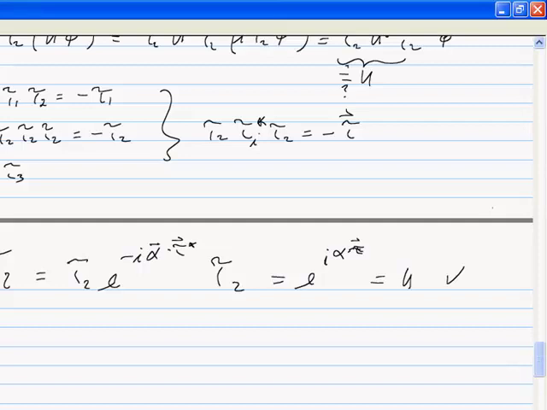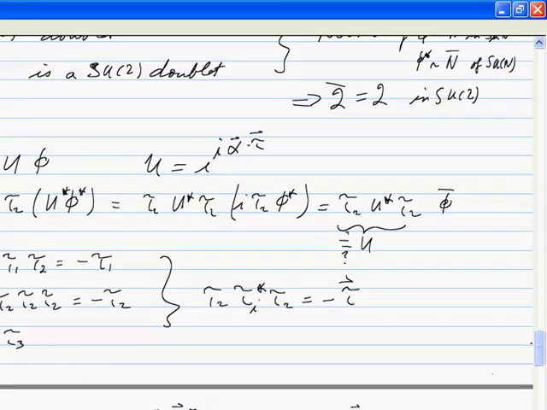You can see why this would fail in SU3. If I have SU3 and I've got 8 of these matrices here, it would work for the first 3, but then you come down somewhere later on, tau 2 doesn't anticommute with, let's say, lambda 8, because lambda 8 has unit ones in there.